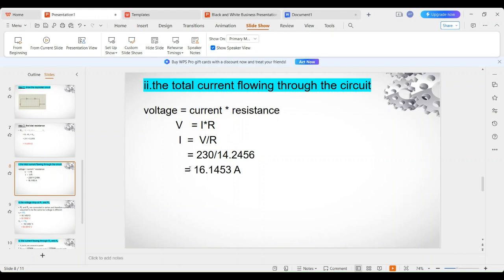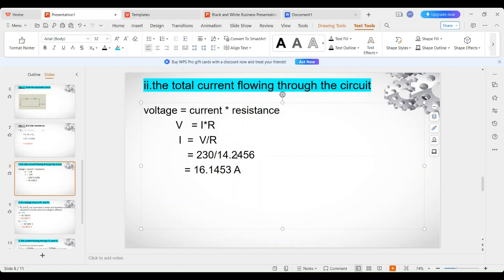Therefore, our I will be given by 230 divided by 14.2456. And we shall get our total current flowing through that circuit as 16.1453 amperes.